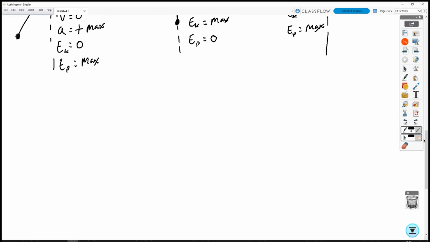And then finally, we just want to compare the three graphs and how they look.